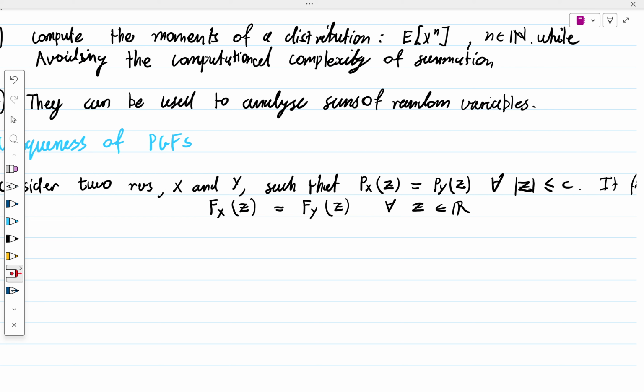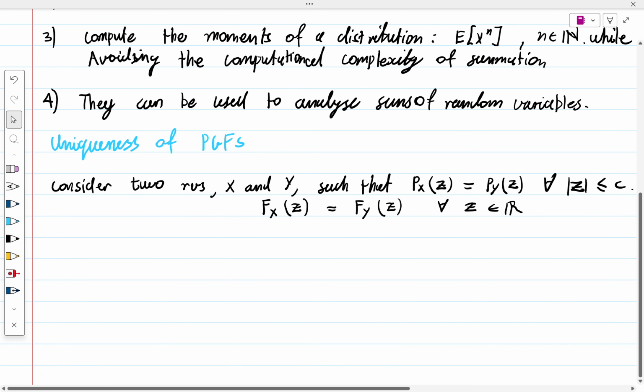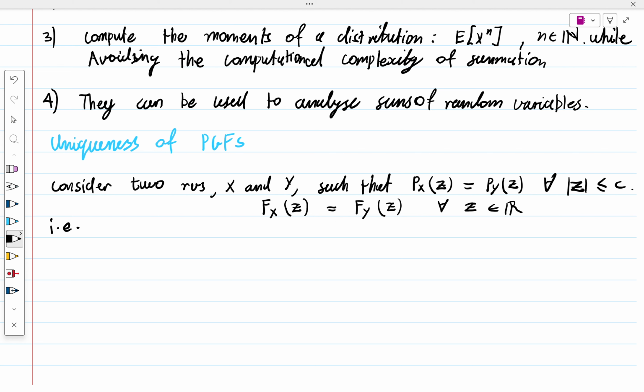Don't confuse the two z's here. This is the probability generating function evaluated at z. This is the cumulative distribution function evaluated at z, and it's applicable to all values in the real number line. It's just a dummy variable in this particular case. In this instance, we can rewrite this perhaps more linguistically.